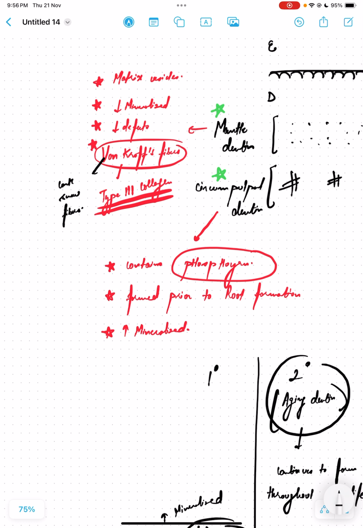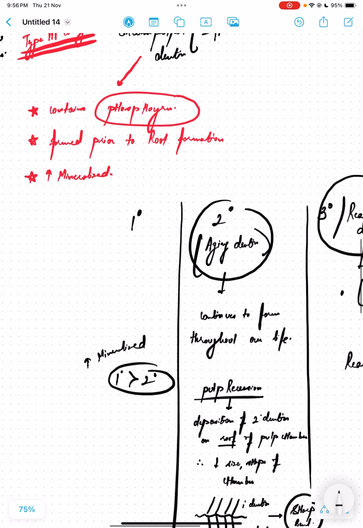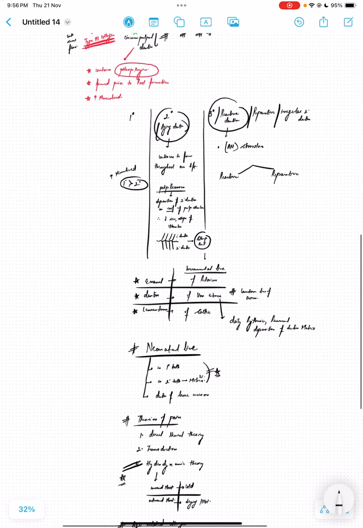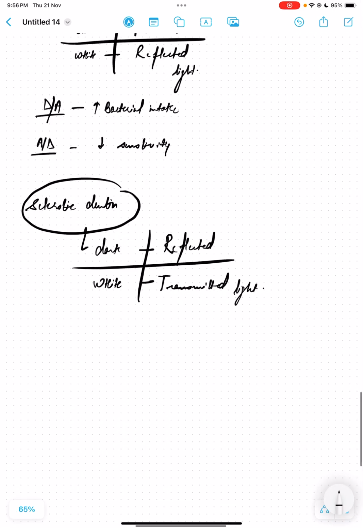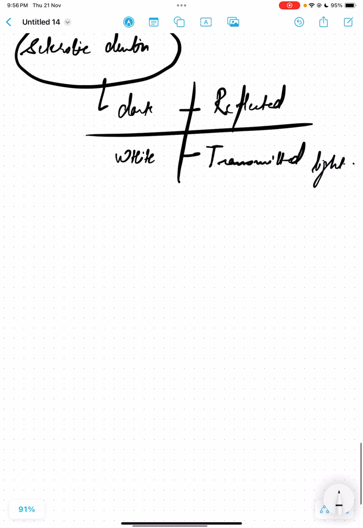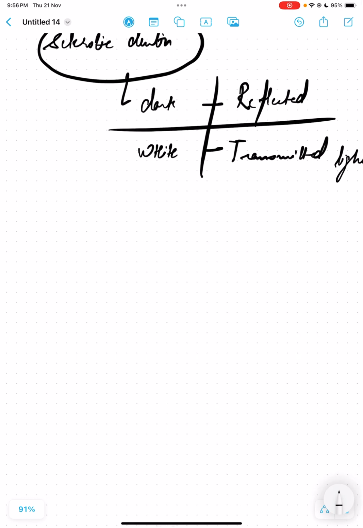Now I am going to tell you some important points about the hardness of dentine. Physically and chemically, it is similar to bone. Hardness is very confusing.